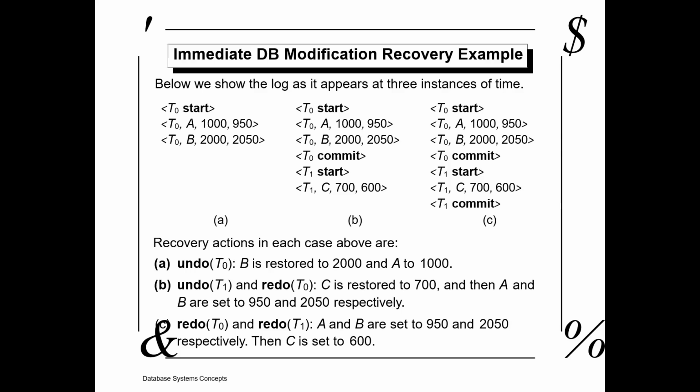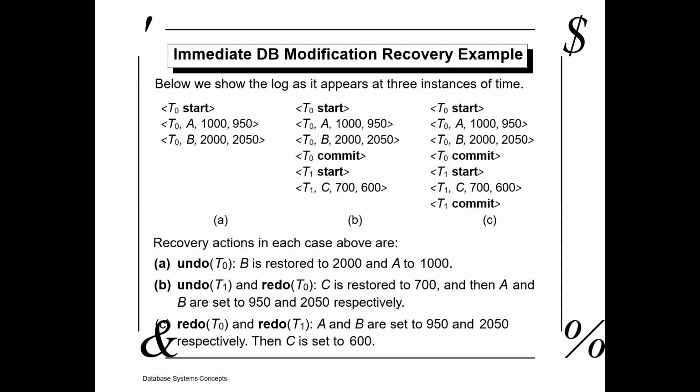So why? Because of the scenario, because it is an immediate database modification. It's not a deferred database modification. In the deferred database modification, whatever you say is exactly correct, because values are only stored when we perform the commit operation.